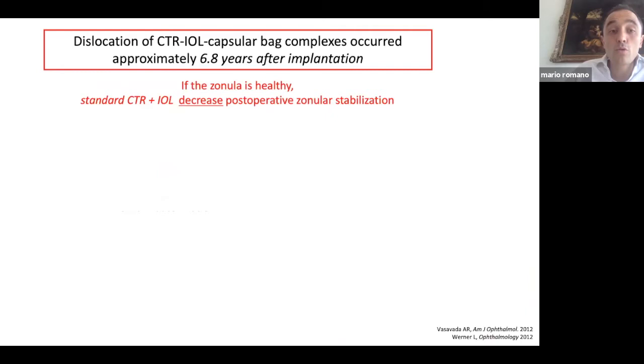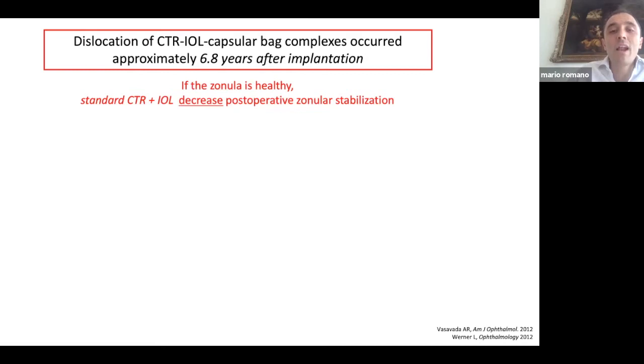We need also to remember that dislocation of the capsular tension ring, IOL, and capsular bag complex is possible and occurs about 7 years after the surgery.